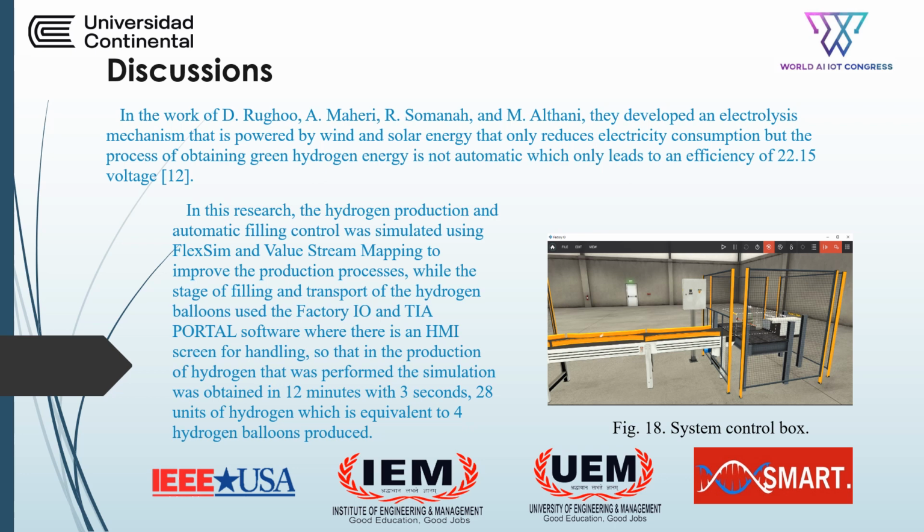In this research, the hydrogen production and automatic filling control was simulated using FlexSim and value stream mapping to improve the production process, while the state of the filling and transport of the hydrogen balloons uses Factory I/O and the TIA Portal software.